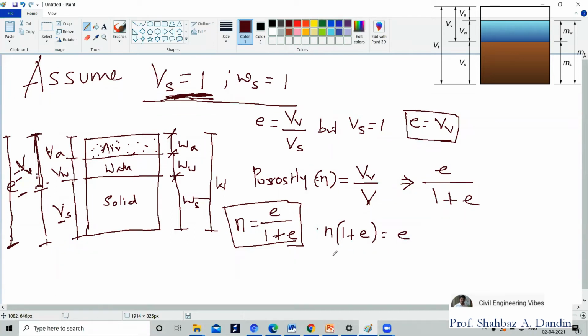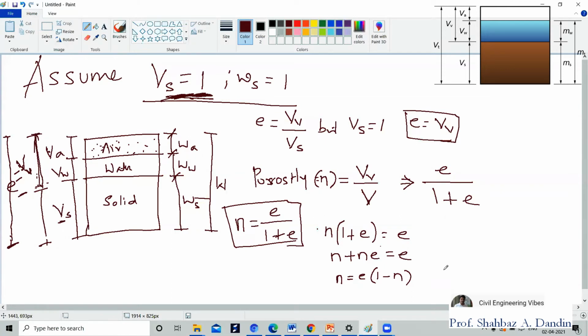Then multiply, put n inside: n plus ne is equal to e. Can I write this? Then bring ne to the other side: n is equal to e into (1 minus n). Can I make this?